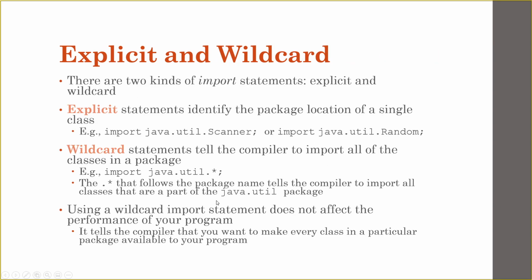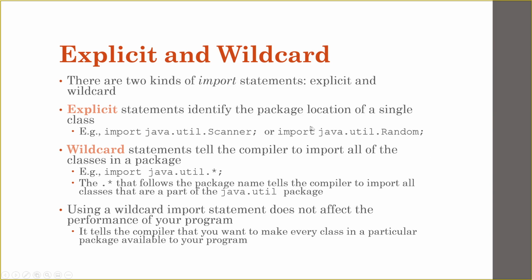We do have two types of import statements, an explicit import statement and a wildcard statement. An explicit statement identifies the package location of a single class, and this is what we're most used to seeing. Import java.util.Scanner, import java.util.Random, import javax.swing.JOptionPane.